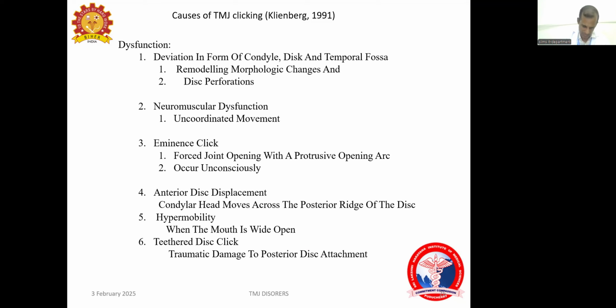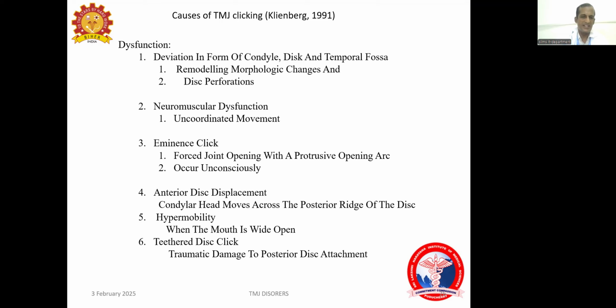Now, when you assess the causes of TMJ clicking, the first is the dysfunction, that is deviation in the form of condyle, disc, and the temporal fossa. The next is neuromuscular dysfunction, or eminence clicking, which will be seen when there is post joint opening.